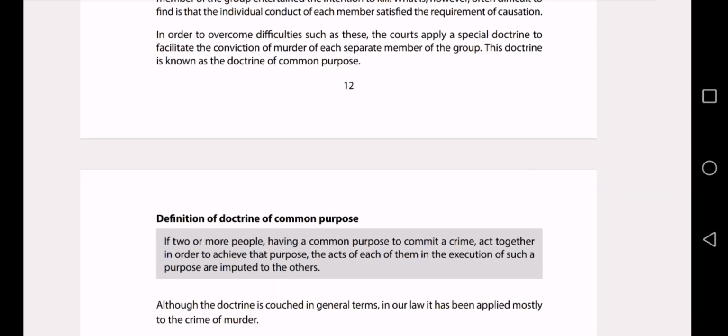In order to overcome difficulties such as these, the courts apply a special doctrine to facilitate the conviction of murder of each separate member of the group. The doctrine is known as the doctrine of common purpose.